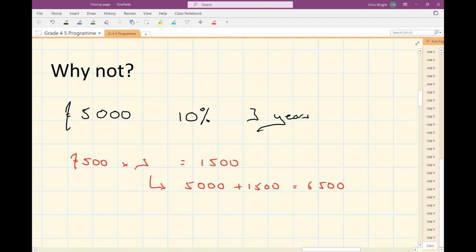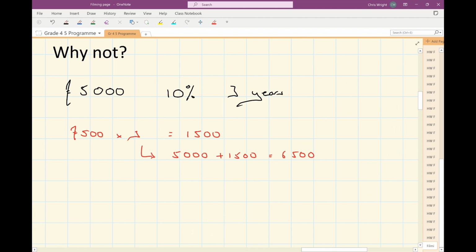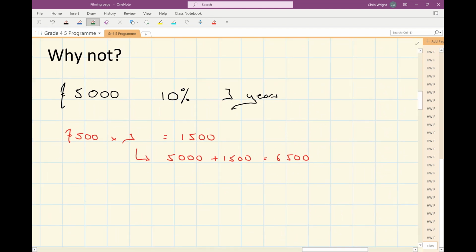Now, the reason why this doesn't work is as follows. In the first year, you're going to get 10% interest. So you're going to get £500, which means that at the end of the first year, you'll have 5,000 plus the £500 interest. So at the end of the first year, you'll have 5,500. Now, how much interest will you get in the second year?